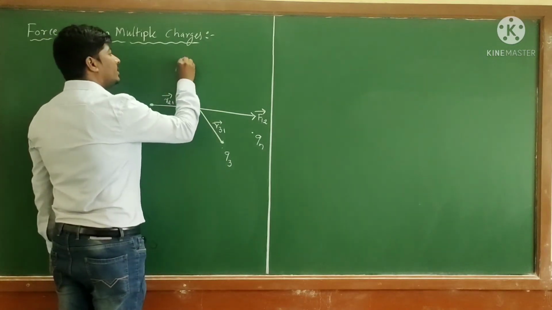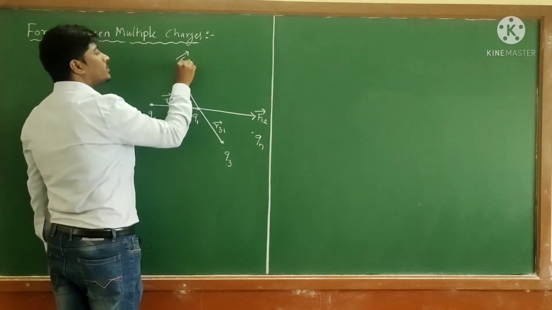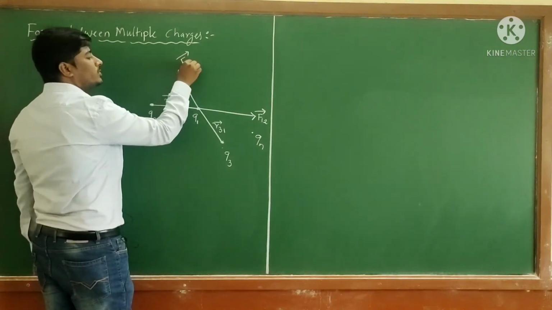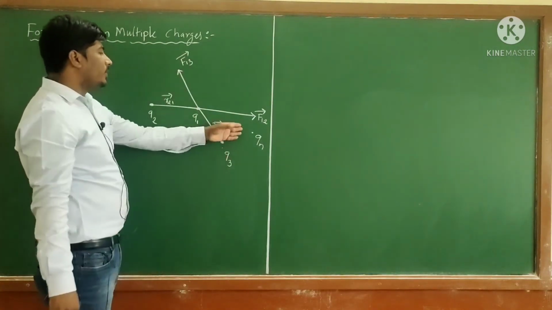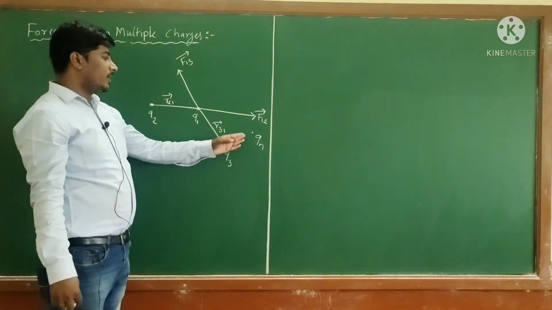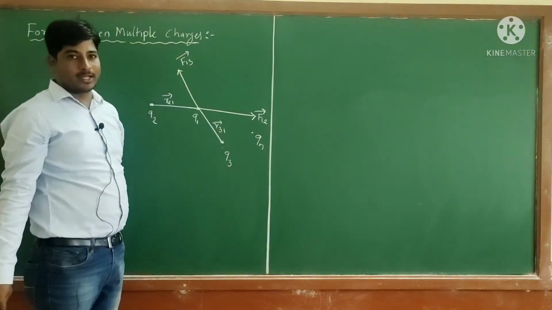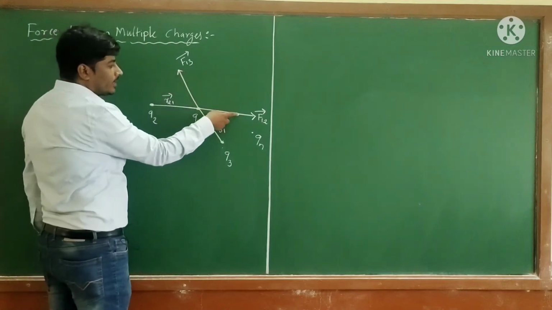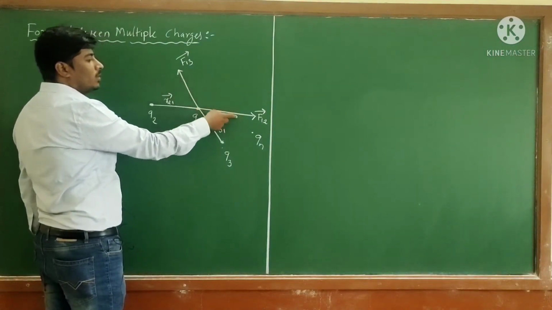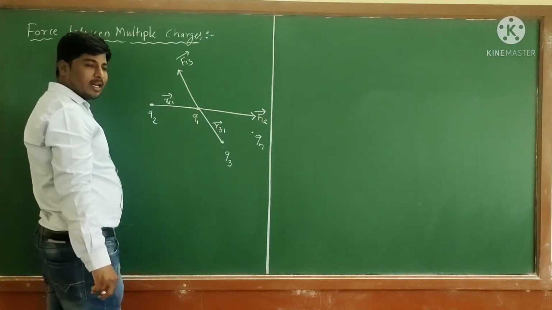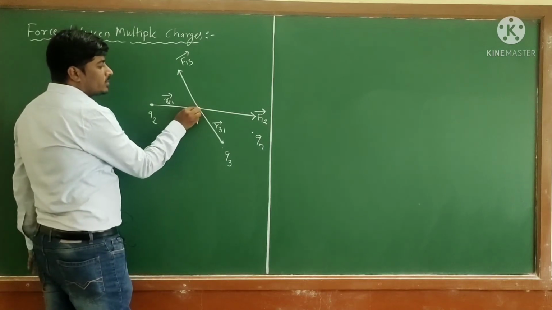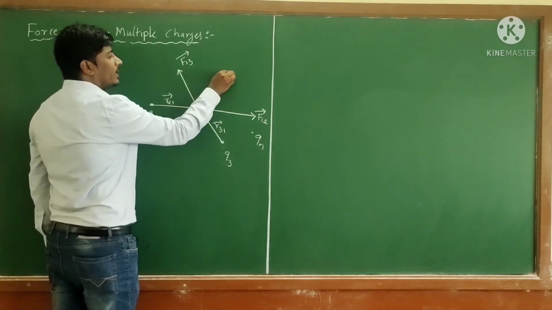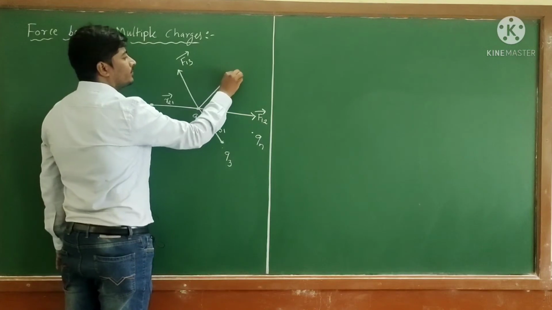I will call this F13. Similarly, for Qn, we have F1n. Now we will find the resultant of these forces, which we will call F.